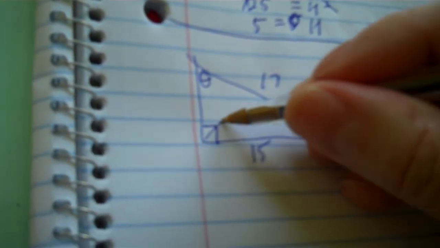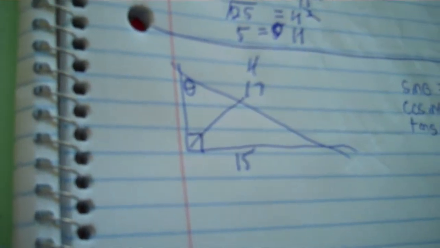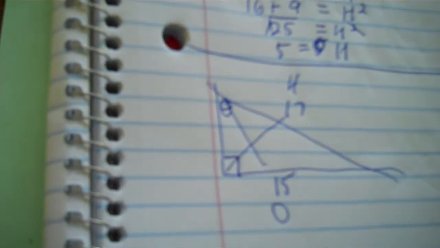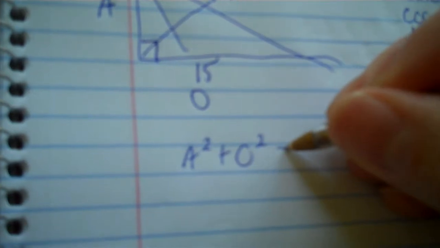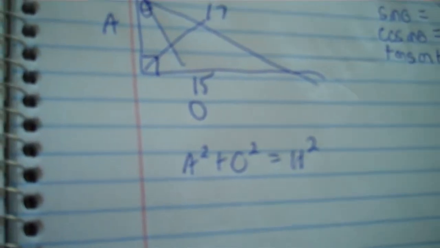So go across from the 90 degrees, there's your H, hypotenuse is 17. Now put your pencil on the theta sign. That's O. So O is 15, and then the A is unknown. So I use the Pythagorean Theorem, but don't use A squared plus B squared equals C squared, because then you won't know what side's what. Use A to the second plus O to the second equals H to the second.